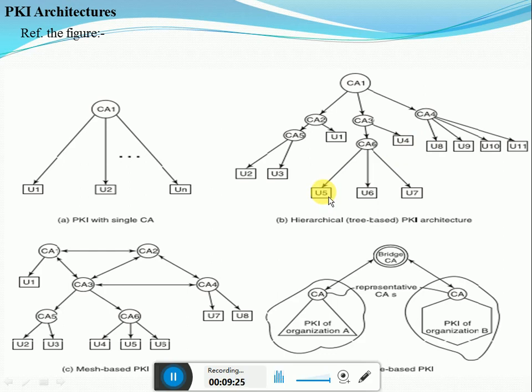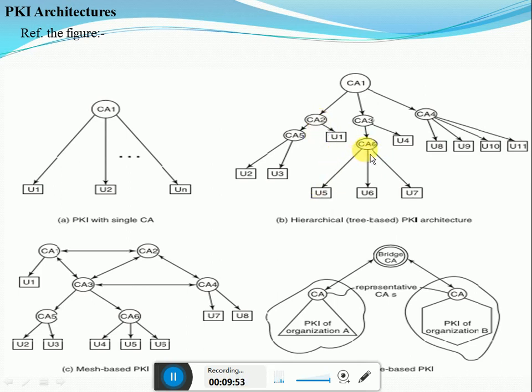So U5's certificate in this case is signed by CA6. User 1, who belongs to CA2, may not have CA6's public key. He does not have the public key to verify the certificate of U5.